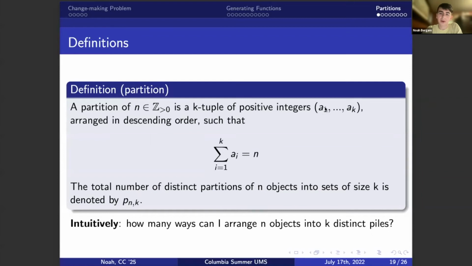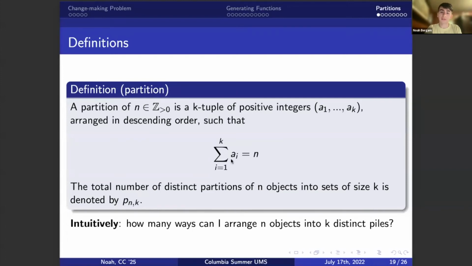And you can think about it where each entry actually represents the size of a different pile, right? So if you want to express 3, you're trying to partition 3 objects, you can take one pile of one object and another pile of 2 objects, and that would be expressed as 2, 1, because it's in descending order.